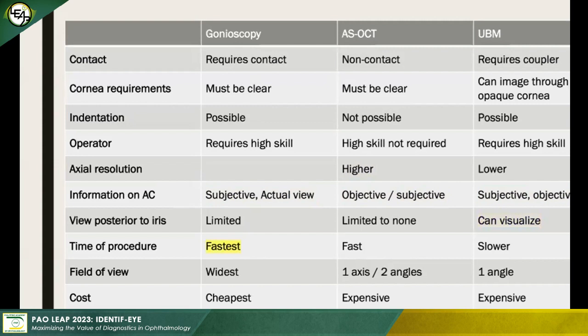Gonioscopy can be done very fast, specifically if you're very used to it, less than a minute. The widest field of view will be your gonioscopy. With just one mirror, you're able to see so many clock hours already. And just with acquiring your materials, gonioscopy is the cheapest.